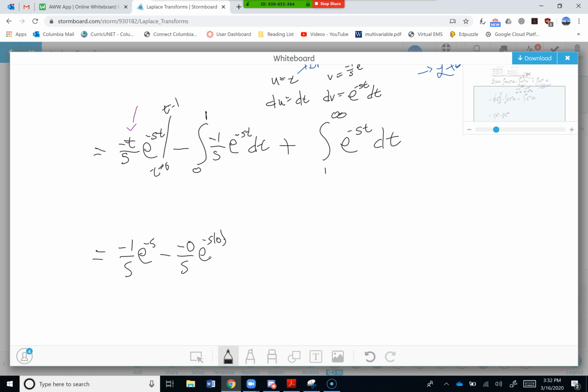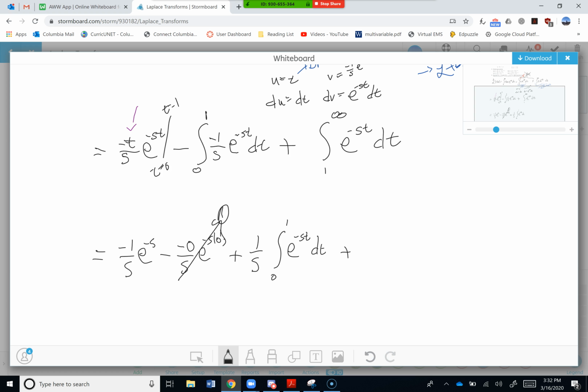Which is what? 0. Good. All that is 0. And then I have plus 1 over s times the integral from 0 to 1 of e to the minus st dt.